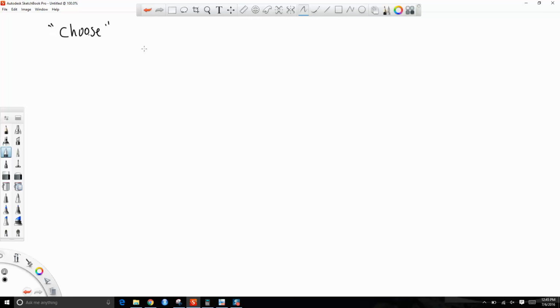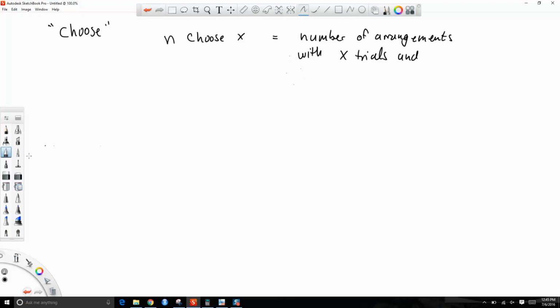We can say n choose x is equal to the number of arrangements with n trials and x successes.